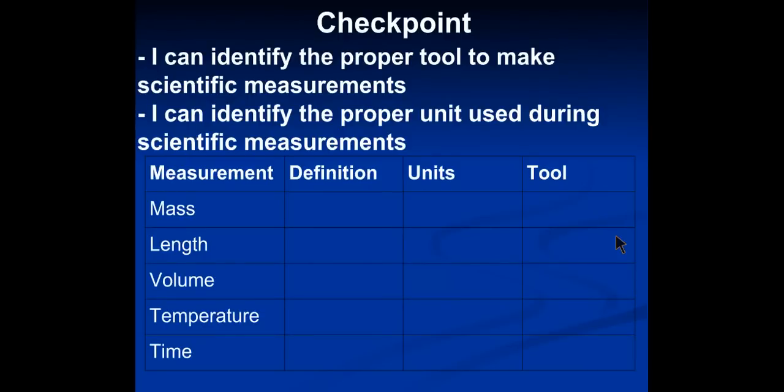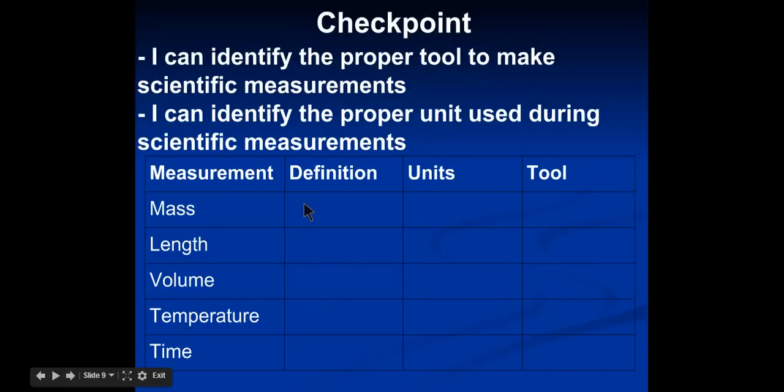Okay, let's do a quick checkpoint to see what we've learned. After the last few slides, you should be able to identify the right tool and the right unit used to make scientific measurements. When the video is done, I would like you to fill out the table to help you study.